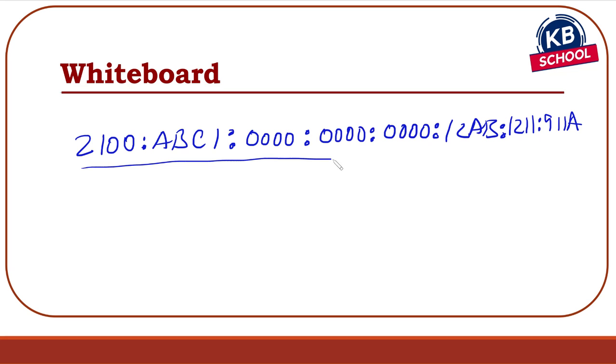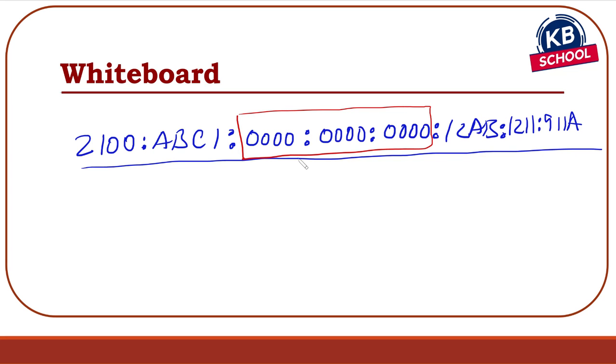So again, 8 blocks over here. The way I could create a shortcut for it is if I have contiguous sets of zeros, or blocks of zeros, and over here I do. I can write the same number in shortcut form saying 2100, ABC1, colon, which is called a double colon, and continue on after the contiguous set of zeros.